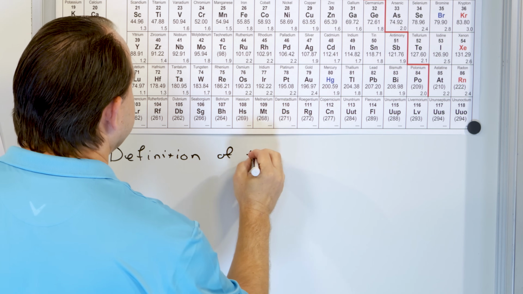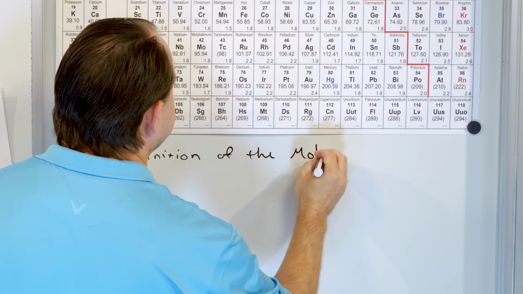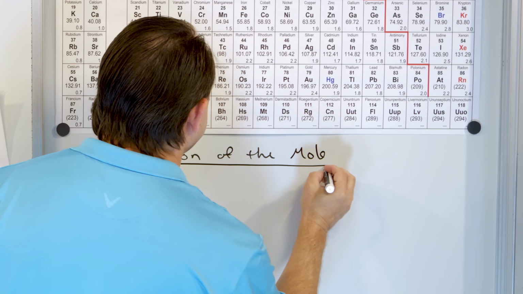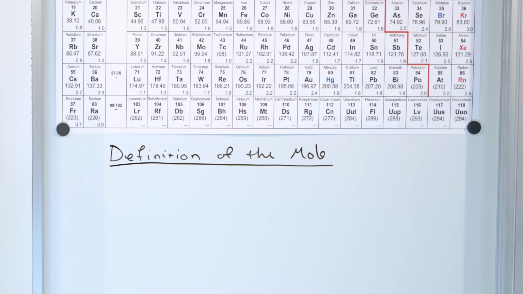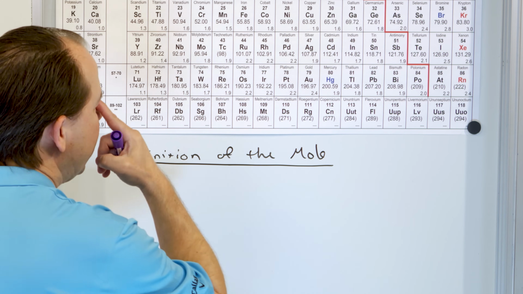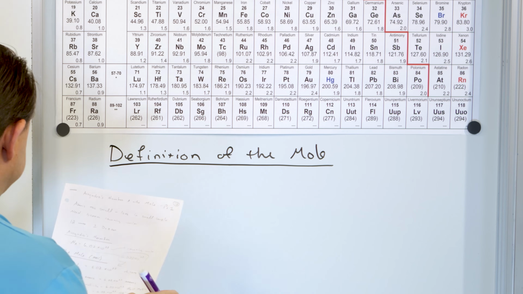of the mole, right? And this is a definitional thing. We have to pick something that exists everywhere that we can measure with great precision to serve as our standard.